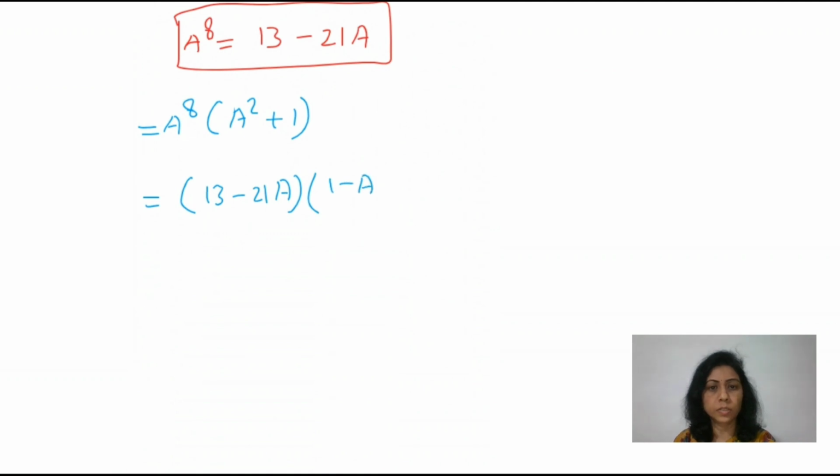So (13 − 21a)(1 + 1 − a), that is (13 − 21a)(2 − a).